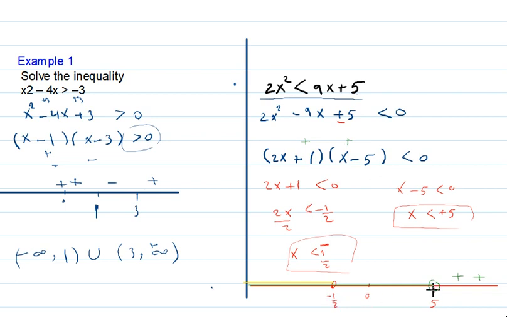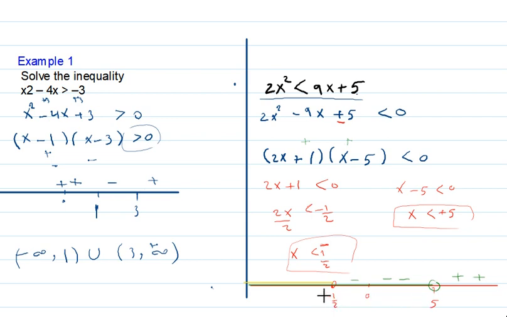Between 0 and 5, let's take 1, for example. 2 plus 1 is positive, 1 minus 5 is negative. The product is negative here. And between minus half and 0, minus 0.25, for example. 2 multiplied by minus 1 over 4 gives us minus half, plus 1 it's positive. Multiplied by the negative, it's negative.